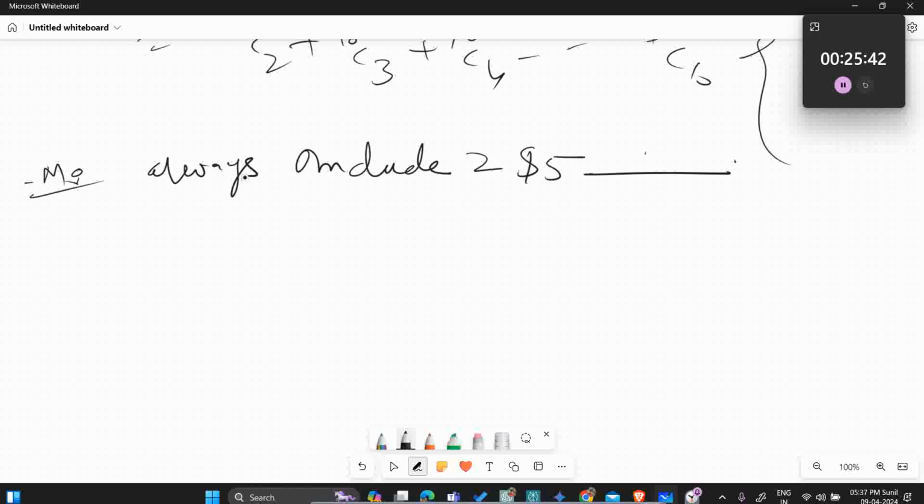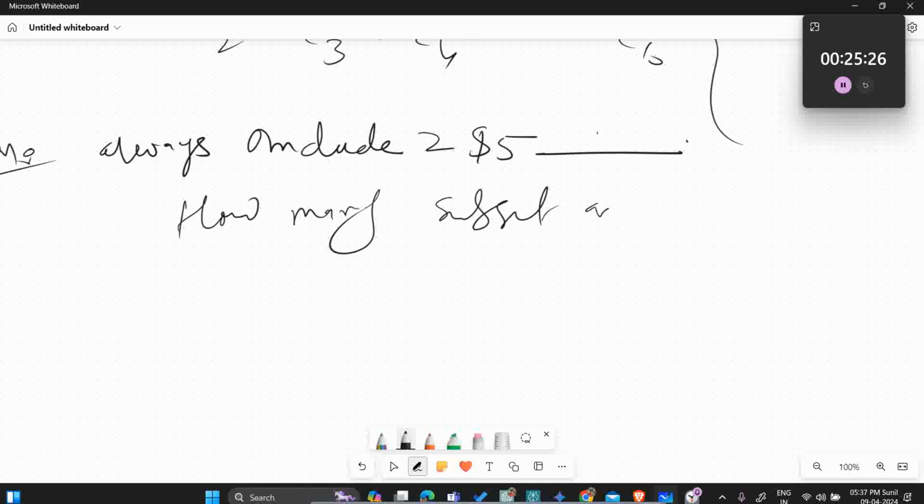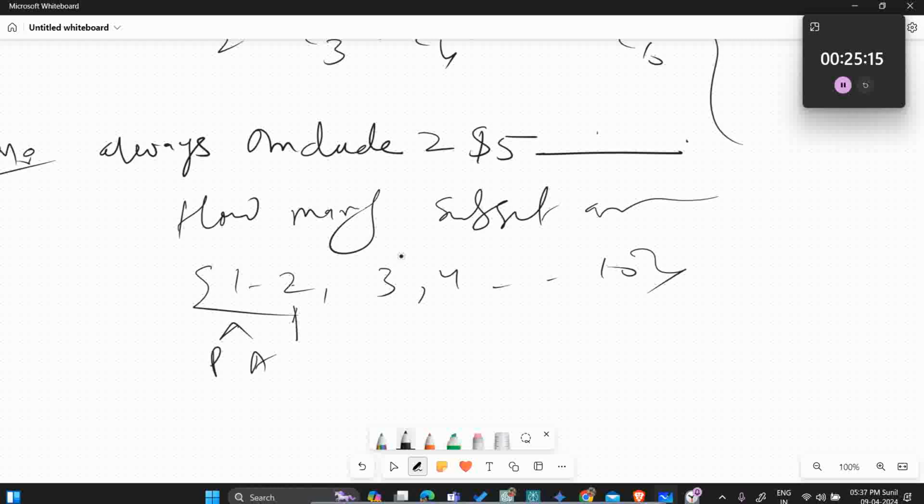In this question, how many subsets are possible? It will be like 1, 2, 3, 4, up to 10, and everyone has two options, present or absent, but 2 and 5 have only one option, present. So it will be 2 to the power 8 as the answer.